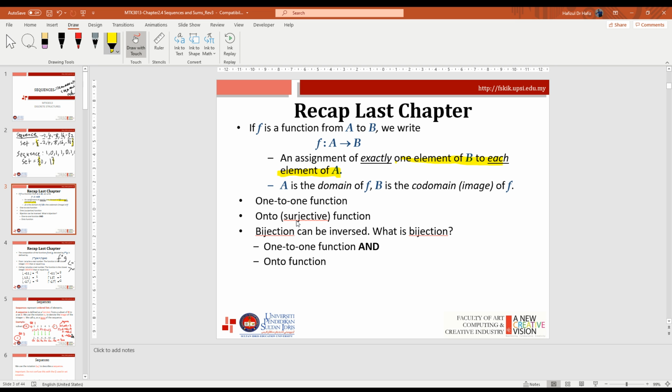Last 2 weeks, we had functions from A mapped to B, and then we have the one-to-one function, the bijection, and also the surjective function, and so on. This is the recap for the last chapter.